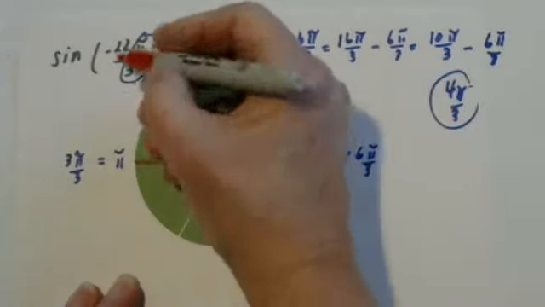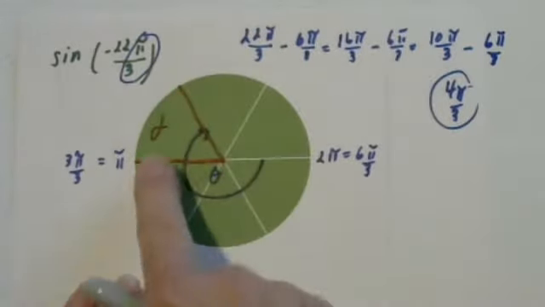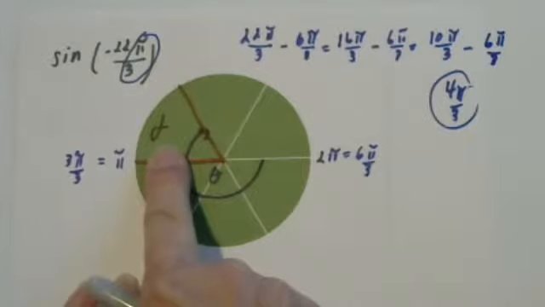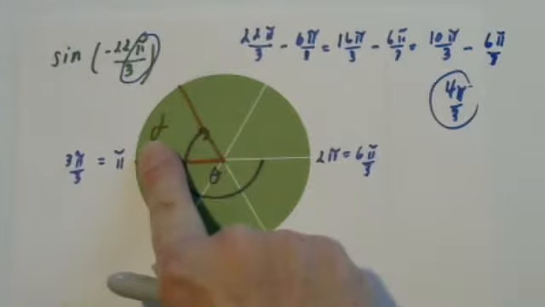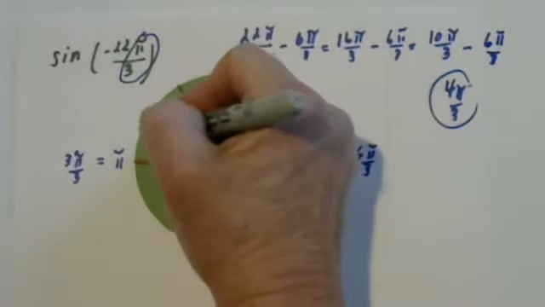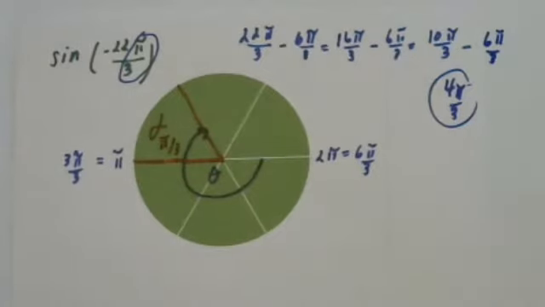So this angle here, I'll call it alpha, is our reference angle. And we can see from the picture, this would be pi over 3 here. So our reference angle is going to be pi over 3.